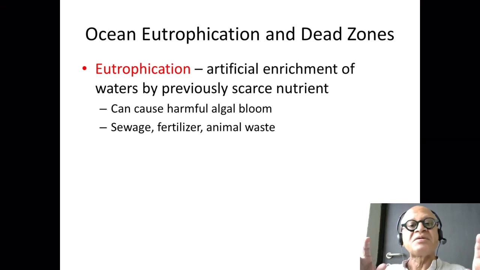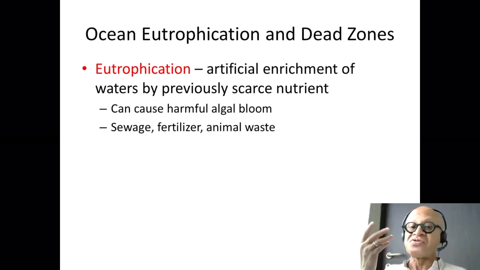Okay, this can typically cause harmful algal blooms, and these nutrient concentrations are increased by sewage, which hasn't removed all the nutrients like nitrates, phosphorus, iron, whatever else in it.